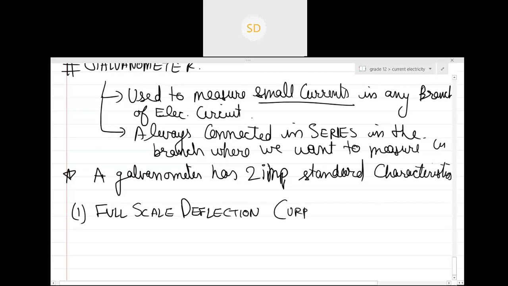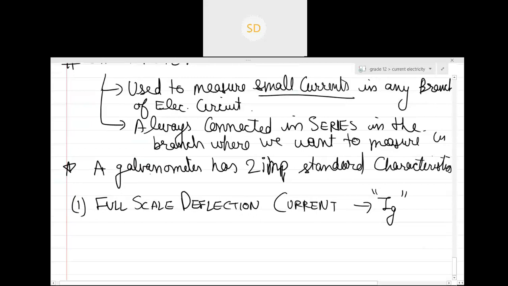What do you mean by full scale deflection current? By the way, this is denoted with the help of IG. What is full scale deflection current?